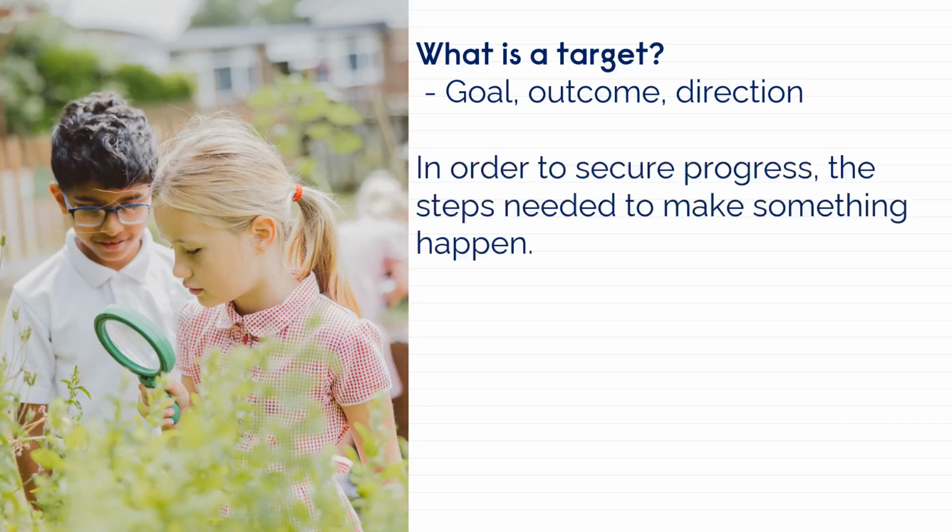In order to secure progress, the steps needed need to be clearly articulated, and that in itself is the target. So a target in our context is how we break down the goal to make something happen. So in order to secure progress, we're articulating the steps needed to make something happen.